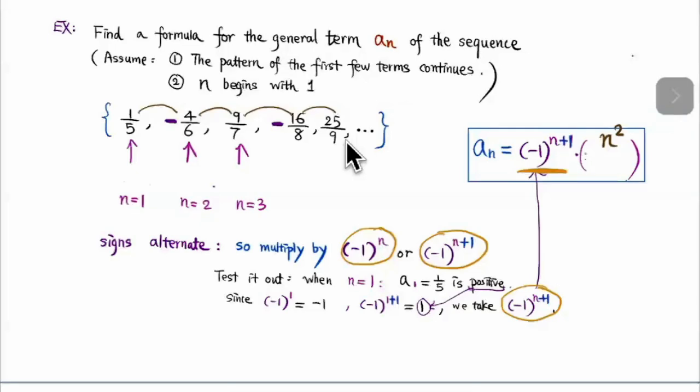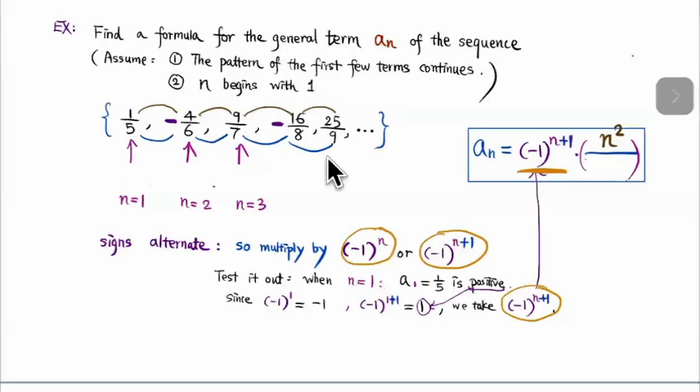Okay, so let's look at the denominator. Okay, 5 and then 6, 7, 8, 9. Okay, now n plus what? n plus 4. Yes, you got it.